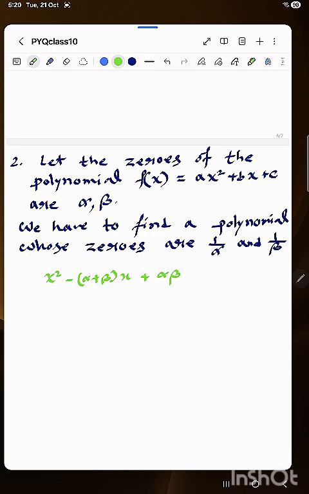I think that you have already read. With this type of form we can make a quadratic equation.